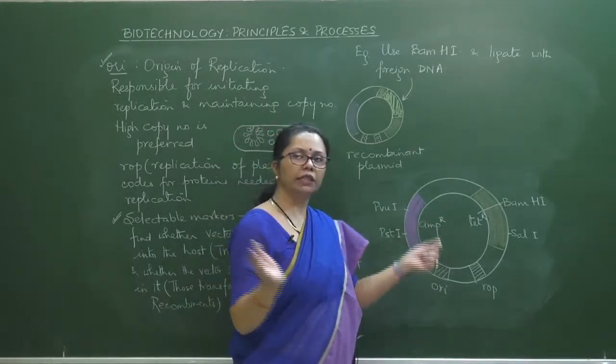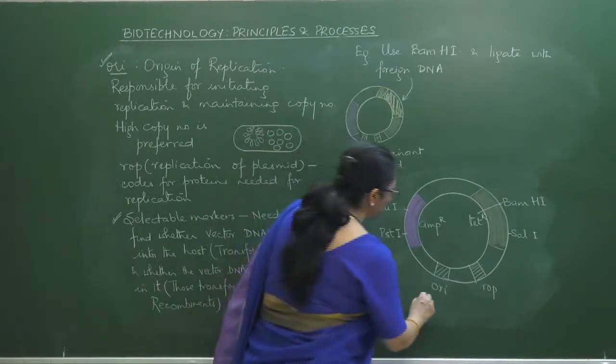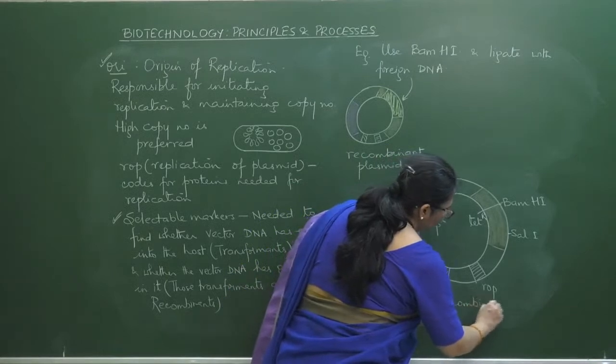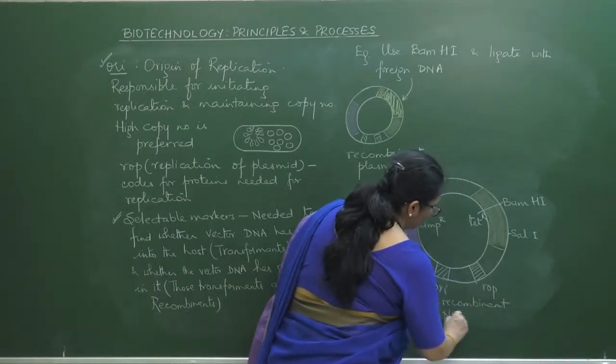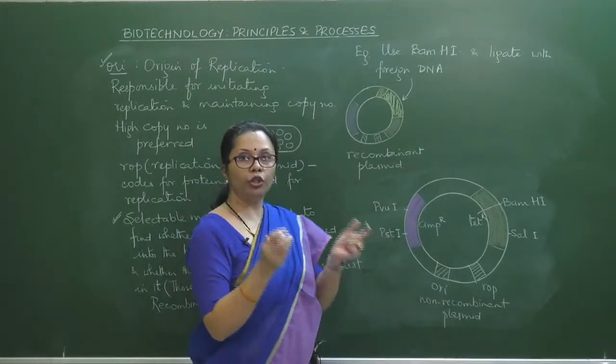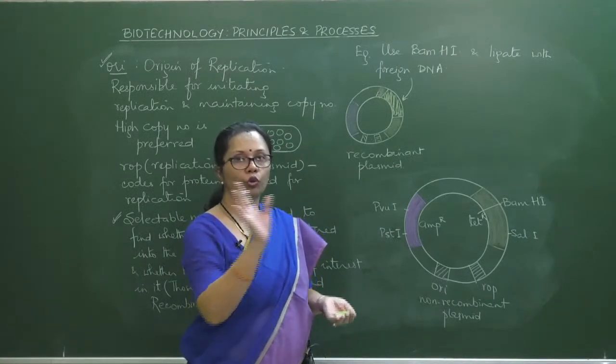So one of it, let us say, self-ligates, and so it will be just the original form. So this one will be the non-recombinant plasmid. Now when you take these plasmids, in your sample you have recombinant plasmids as well as non-recombinant plasmids. You don't know about it.